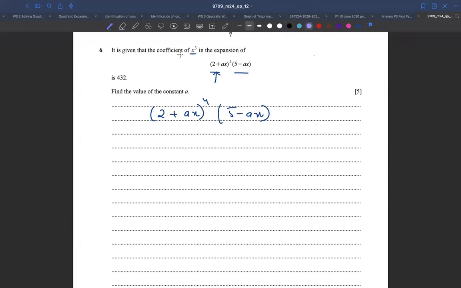Beta, if it is talking about x cube, then you have to think what terms when you multiply will give you an x cube. Let me just do the whole thing for you. If I expand it, how do I expand? The formula is given over there in the formula sheet.